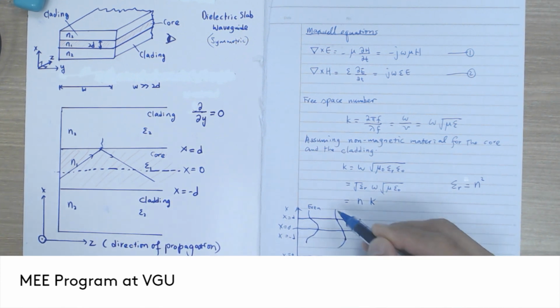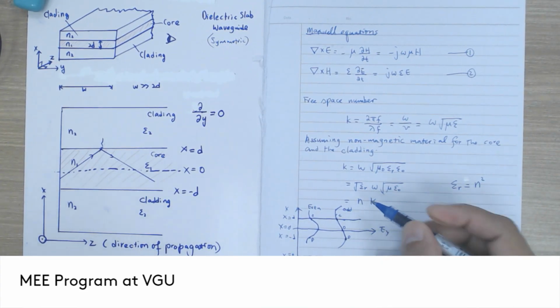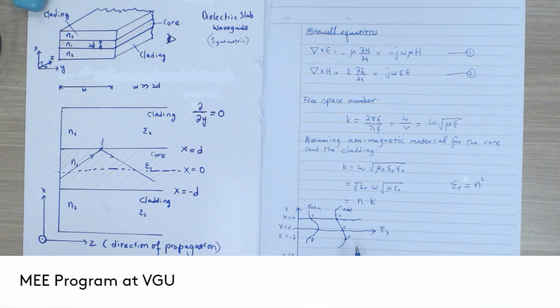In the middle here it is 0, and here it will be equal to C, and here D, and here C, and here D. So this is the utmost. The distribution of the electric field along the x-axis, I mean the vertical axis, may be either fully symmetrical or anti-symmetrical.